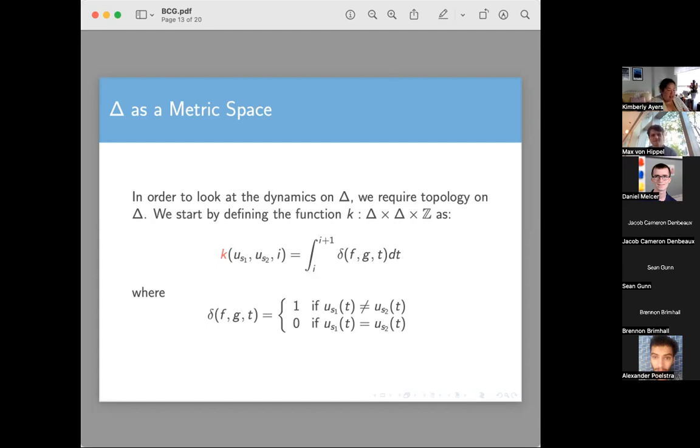I'm just going to measure where two functions agree and overlap with each other and where they disagree.